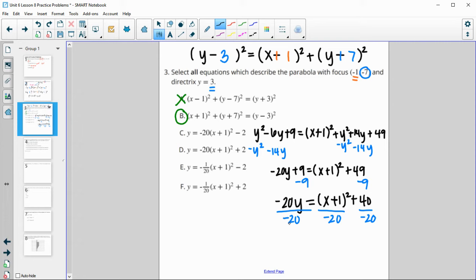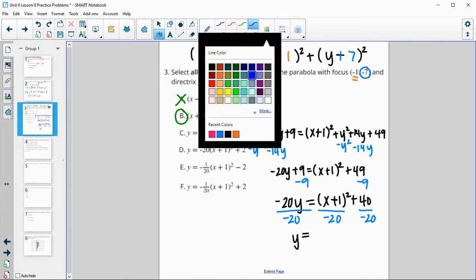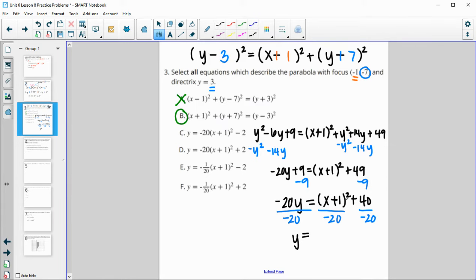So negative 20y divided by negative 20 is just 1y. And then for this one, x plus 1 squared divided by negative 20, I'm going to think of this as having a 1 up top. So 1 divided by negative 20 is negative 1/20.